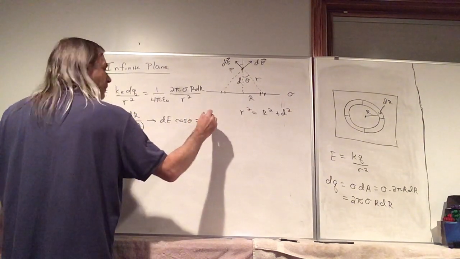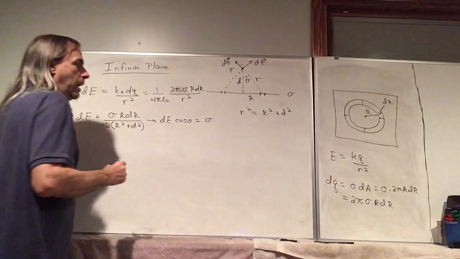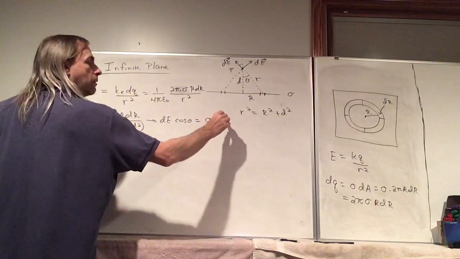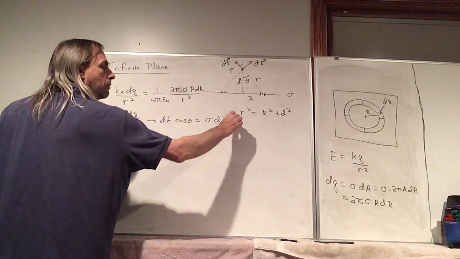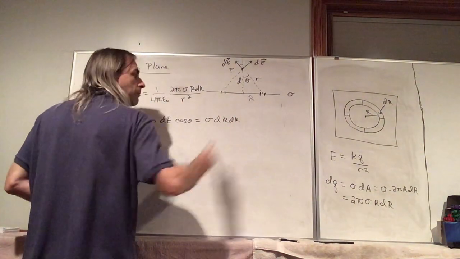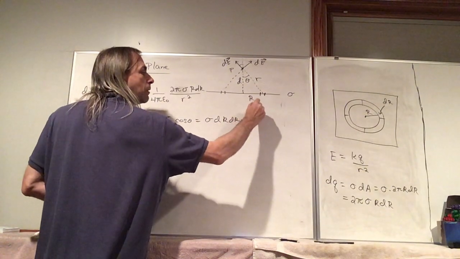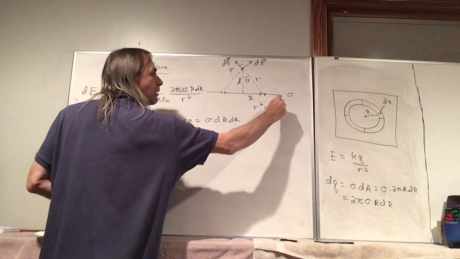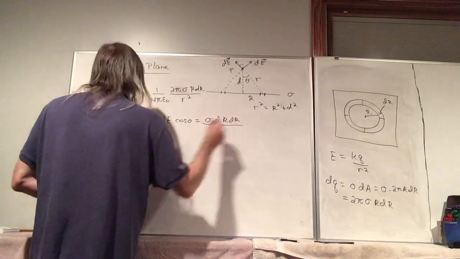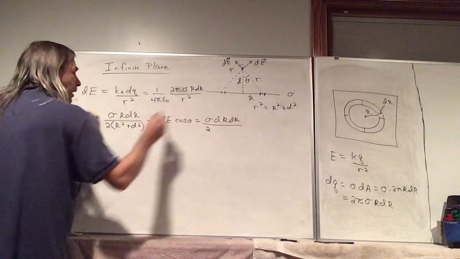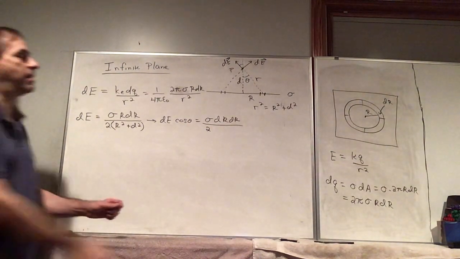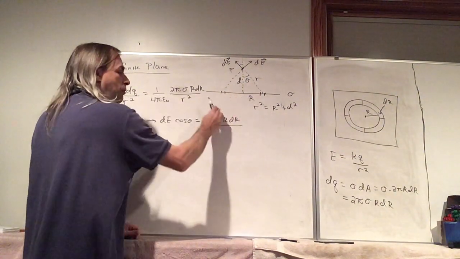So we have sigma times d dr, and then on the bottom we have this 2, and then this is r squared. Now we have r cubed. So cosine of theta, that'd be d, which we put here.